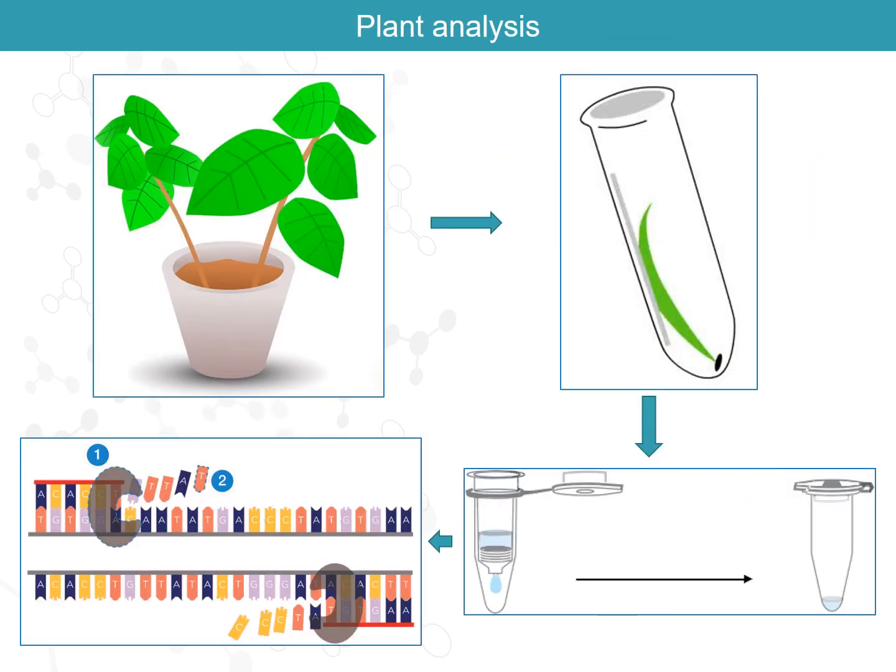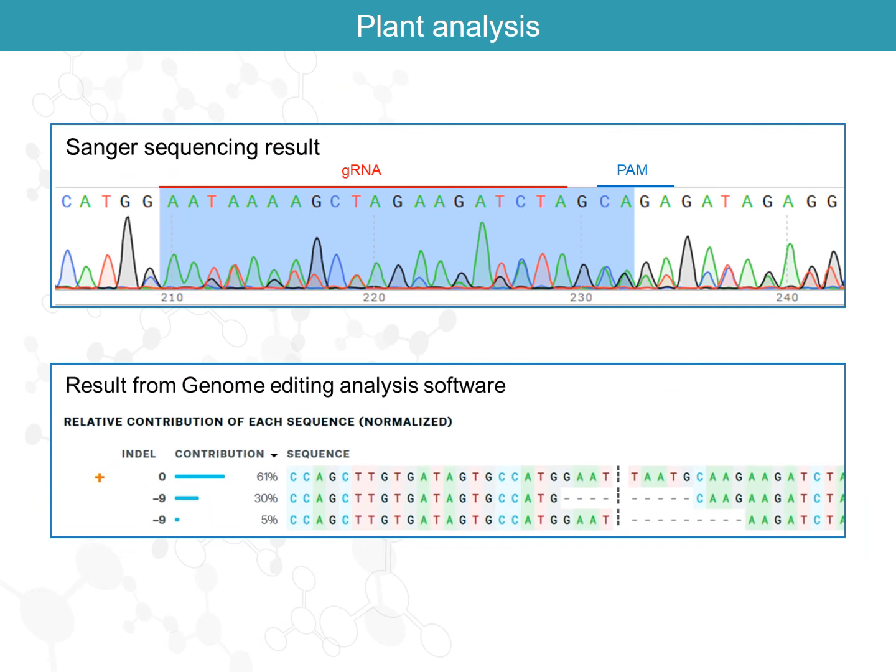Next, how to analyze the plant. First, collect the tissue of the plant grown in the soil. Then isolate genomic DNA. After that, the target region is amplified by PCR to confirm mutation. This is the result of Sanger sequencing of the isolated DNA and analysis using genome engineering analysis software.